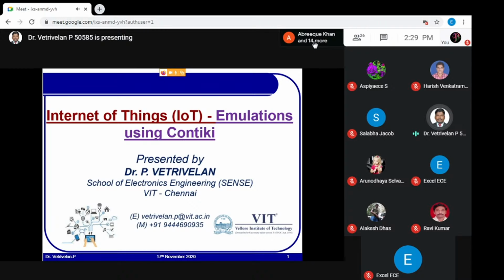So we have a protocol stack, and we are going to see the connectivity with the Contiki emulations. I think I have to switch over to Linux. After the theory part explanation, I will switch over and show you the demo there. We have some of the applications like CoAP and MQTT, Constrained Application Protocol and Message Queuing Telemetry Transport. So let's see quickly, as I said already, the simulators and emulators.